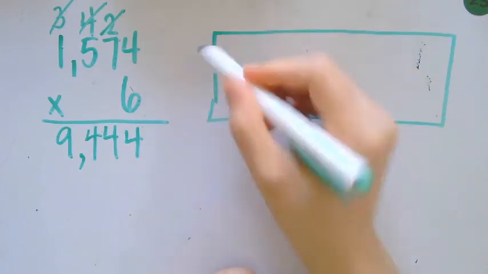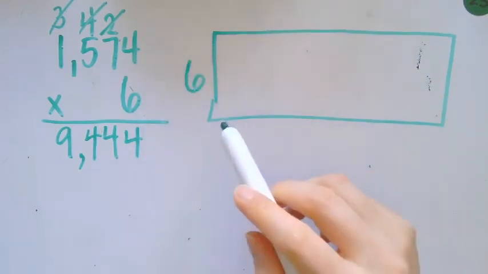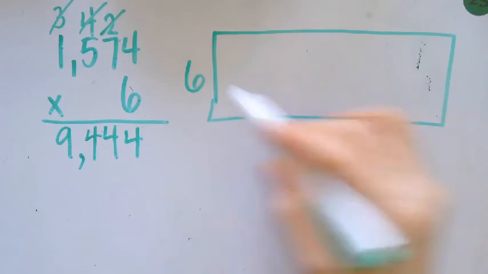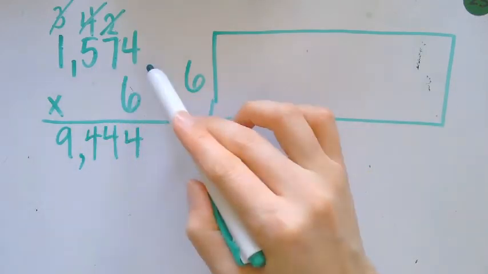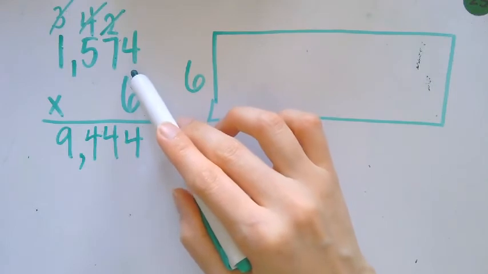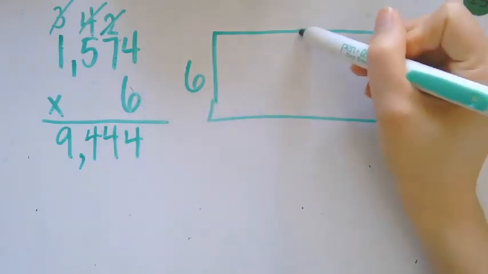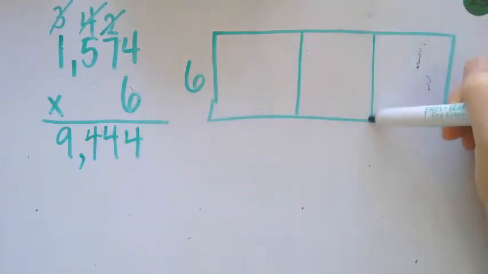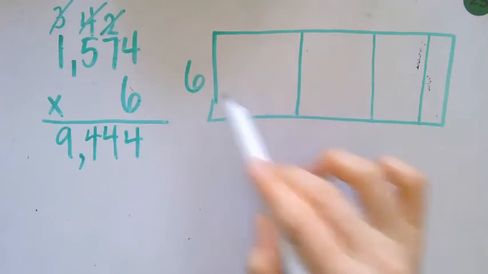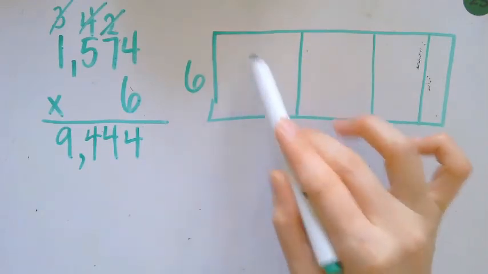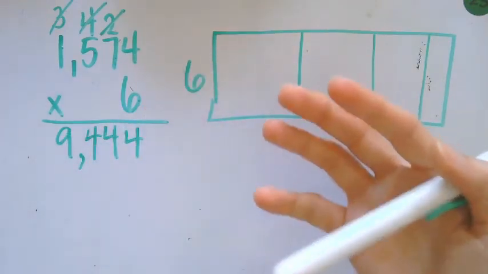Okay, I'm going to put my 6 off to the side, and there's only one space for it because there's only that one single digit. Okay, but I have 4 numbers in my thousands place, so I'm going to go ahead. Might need to give a little bit more space. All right, so it starts with the greatest space here because the thousands place is the greatest value.